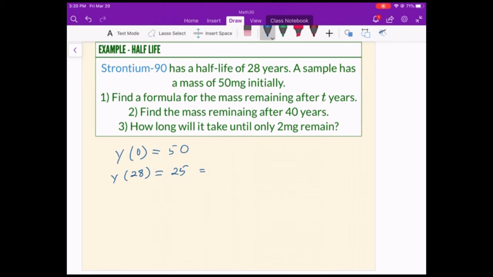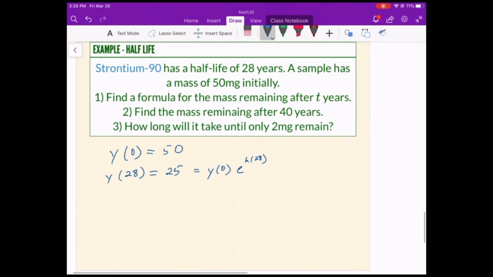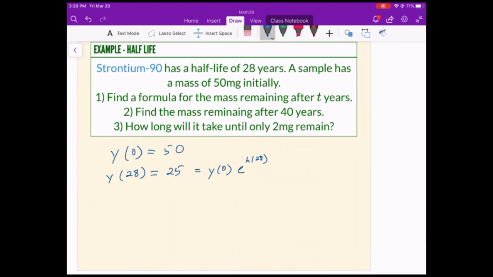Okay, but we know also that this must have been given by a formula e to the k times 28. So let's figure out what k is, and then we'll have our formula for figuring out the population.